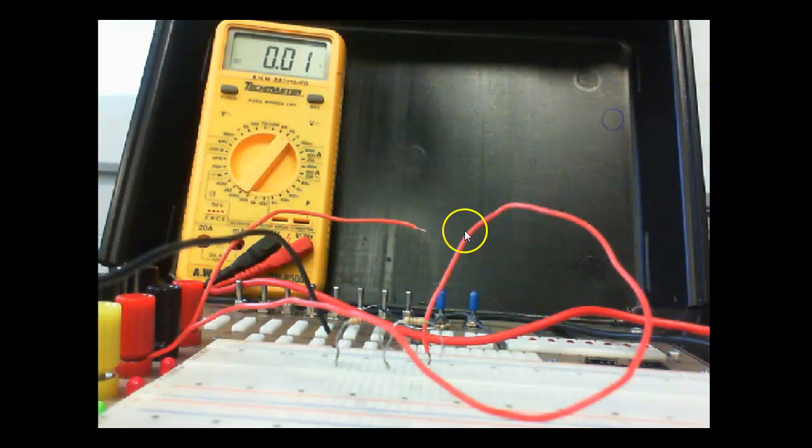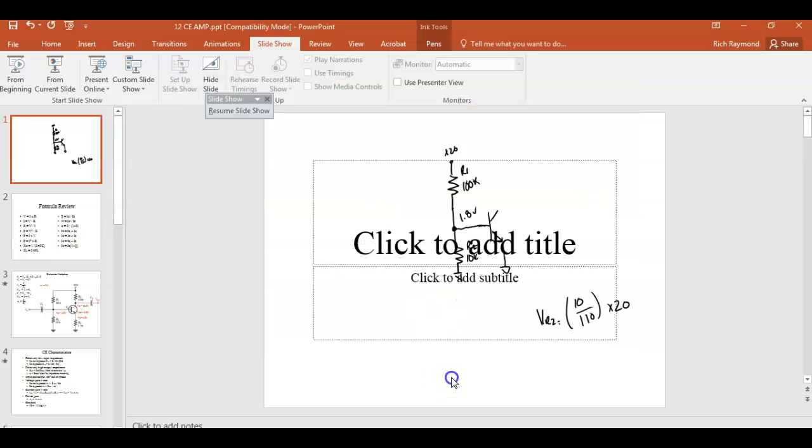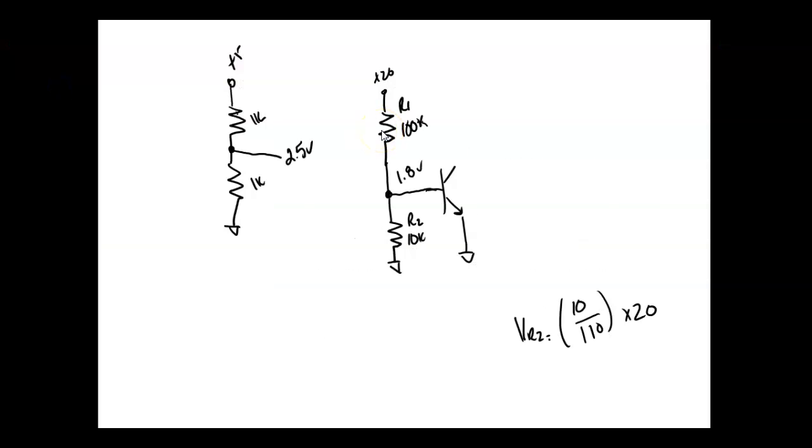So what I'm going to do is come up here. I'm going to take an AC signal and bring it in right there.